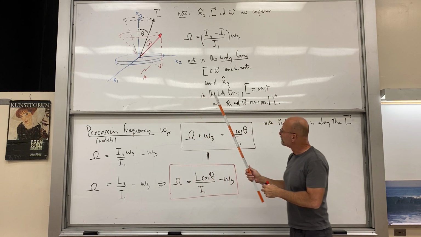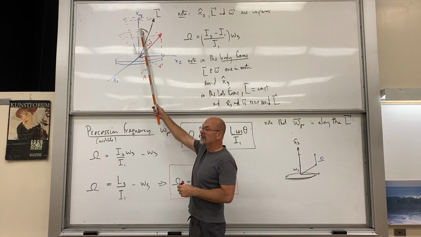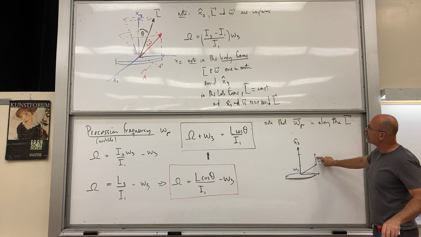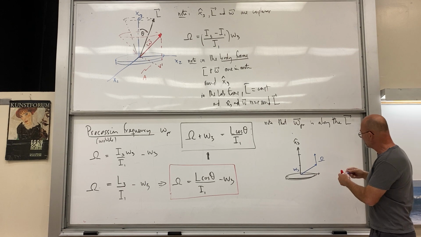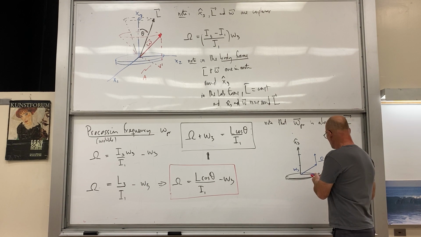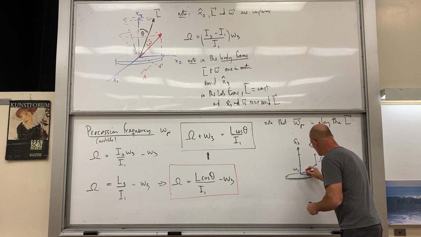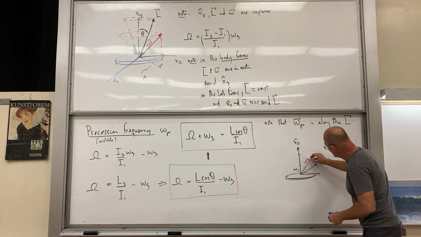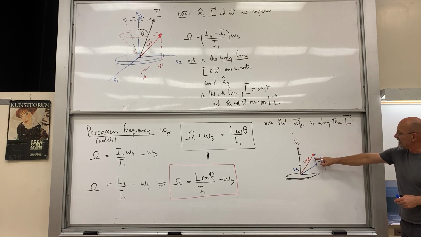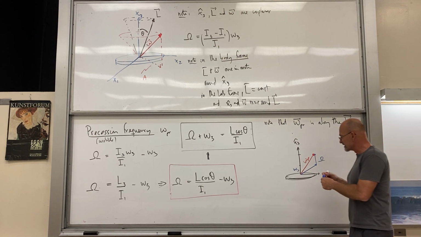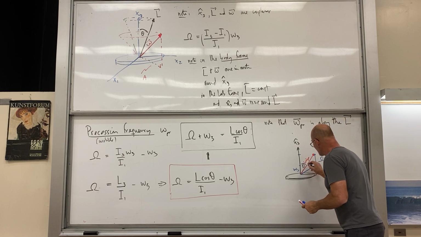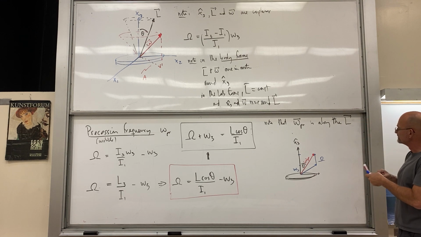It represents a vector that, of course, is perpendicular to that. So the omega vector would be this one right here. And this is going to end up at omega precession, which is along the L vector. So we have this angle theta, as stated before here.